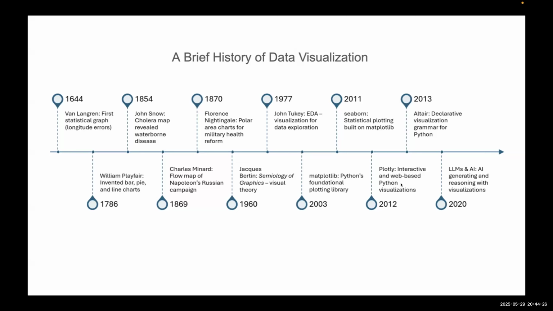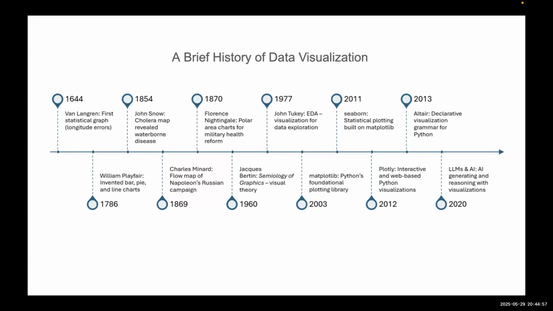Matplotlib, Seaborn, Plotly, Altair, and now LLMs and AI can generate and reason directly with visualizations, which humans could do. They don't just need the whole data set. With the graph you plot, they are able to understand it, reason on top of it, ask questions, and see what the anomalies are from the image that you give to the LLMs.